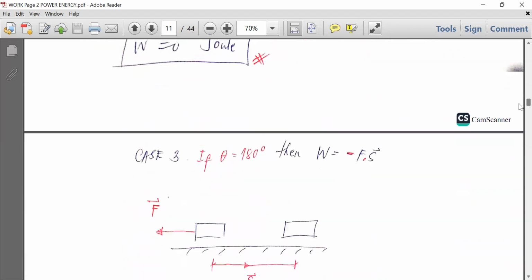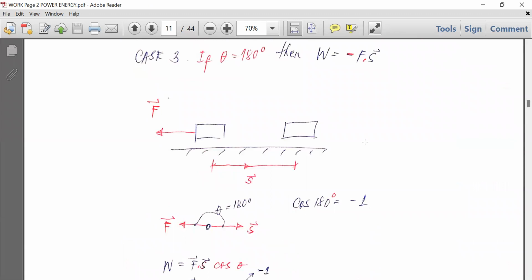How about case 3? In case 3, the displacement of the box is to the right. As you pull the object to the right, and the box moves to the right, there is a resistive force acting in the opposite direction. While someone is pulling it to the right, a resistive force is pulling it to the left, slowing it down and making it difficult to move the object to the right.